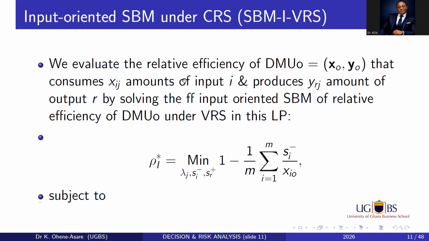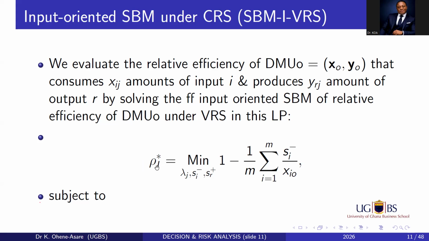The input-oriented SBM is measured for a particular DMU naught that is consuming X_ij amount of input i and producing Y_rj amount of output r by solving the following input-oriented SBM efficiency model for a particular DMU, and we are assuming variable returns to scale. Now watch it carefully.